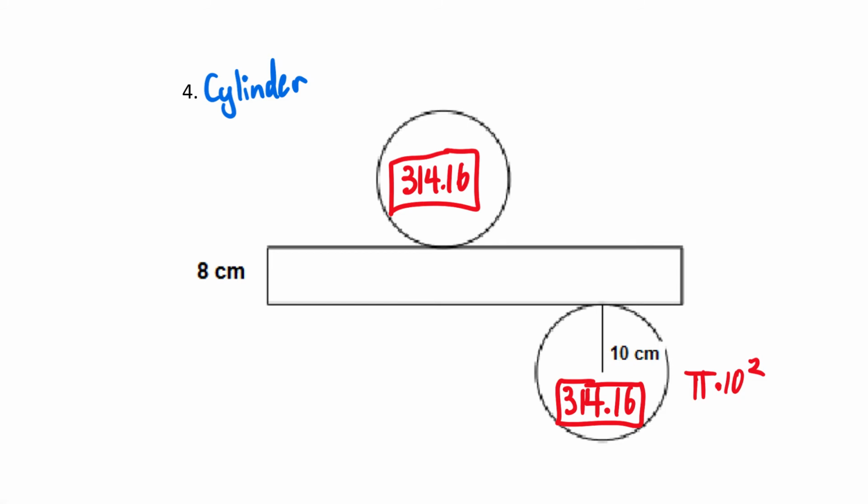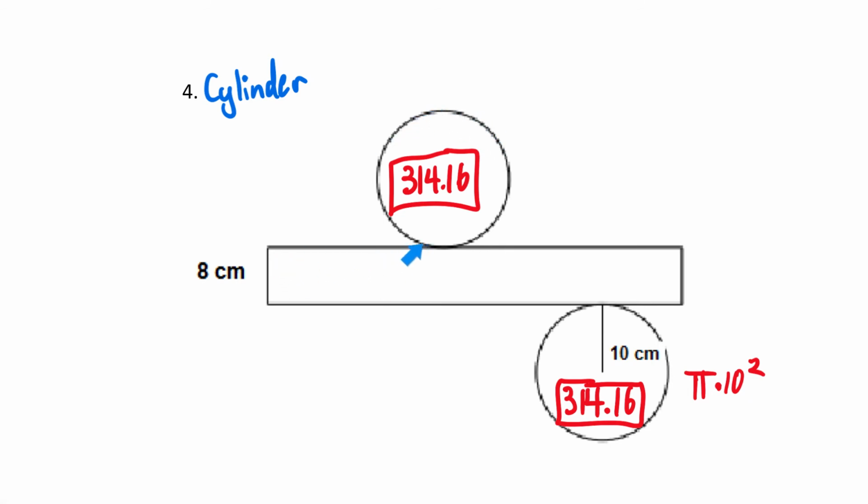Okay. Now I've got to find the area of this rectangular piece. Okay, I know the width of it is 8. So let's think about this. If you were to cut this out, fold it up, what's going to happen with this part? This is going to end up wrapping around the circle, right?